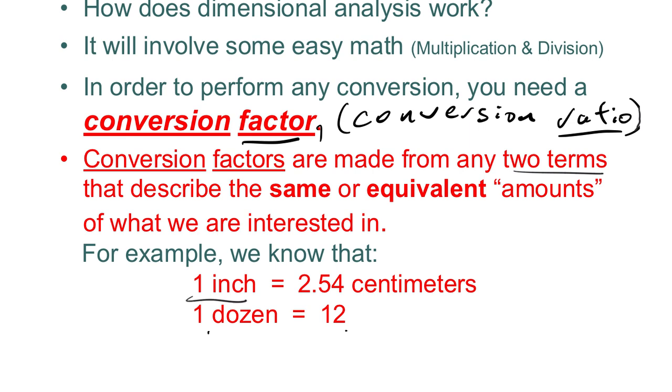For example, 1 inch is equal to 2.54 centimeters in the metric system. 1 dozen is equal to 12 somethings. Okay, that could be in the metric or the US system. These are examples of conversion ratios or conversion factors.